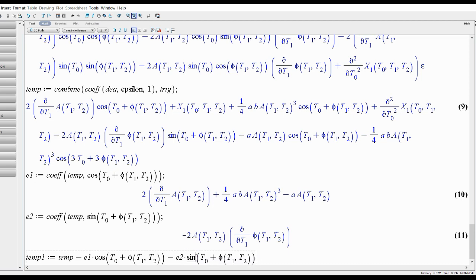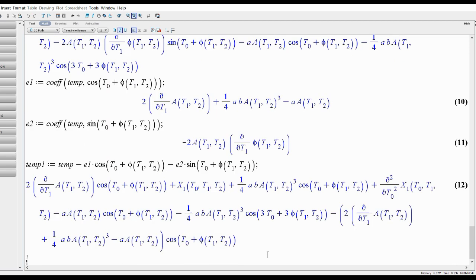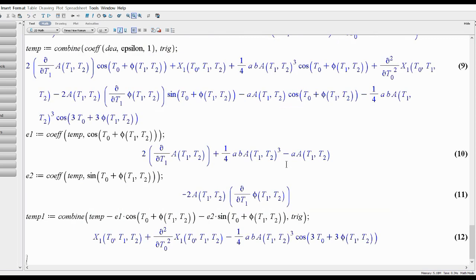And we'll look at what is left. Alright, I think we have to maybe combine trig or something like that will work. Okay, here it is. And you see that there is a cosine of 3t0 involved there.